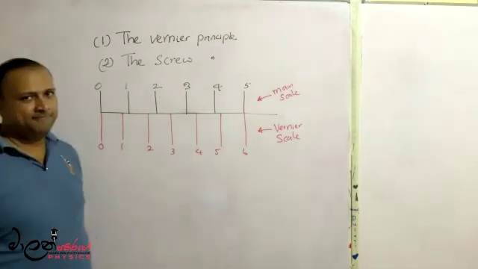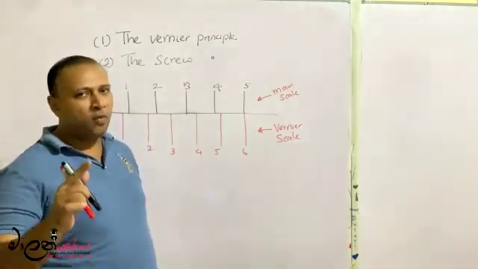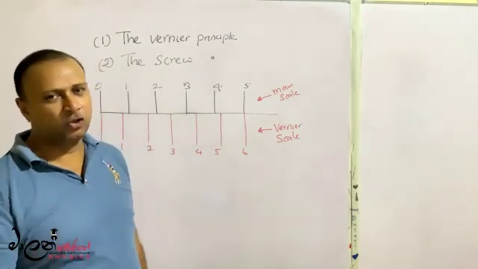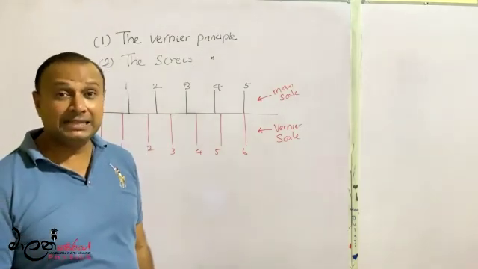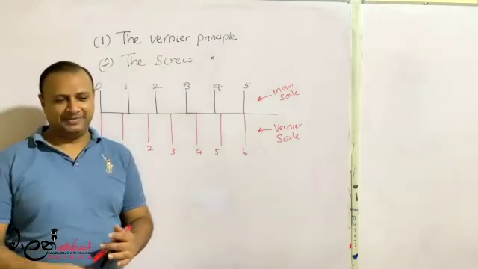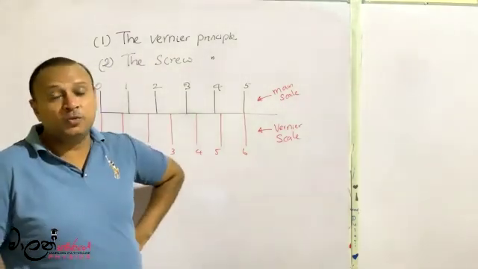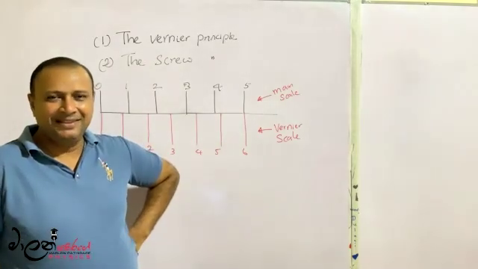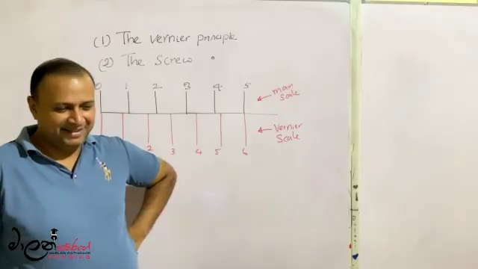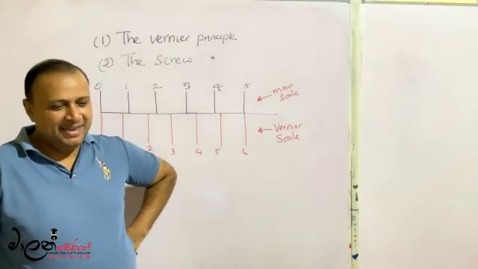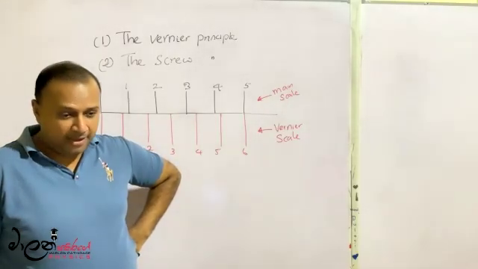Now tell me, what is the least count of an instrument? Yes. 0.1.